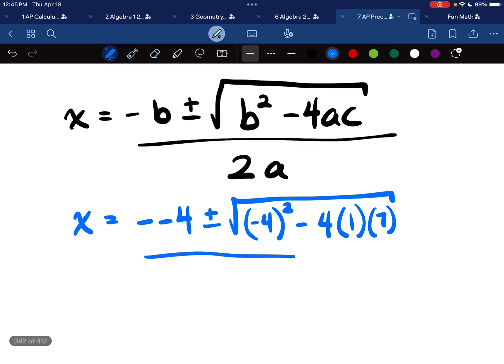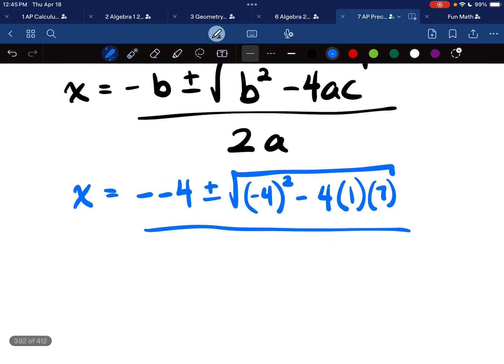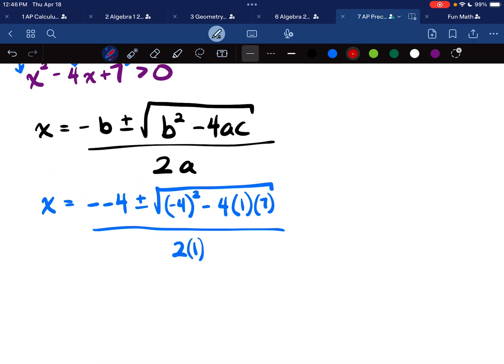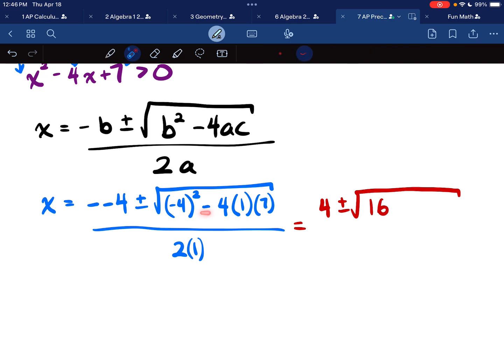And this is all going to be over 2 times a, which is 2 times 1. All right, and simplifying this, we have positive 4 plus or minus square root. All right, we got 16. Okay, so this is going to multiply. It's still negative because I only have one negative. The rest of these are positive. 4 times 7 is 28, so it's going to be minus 28 all over 2.